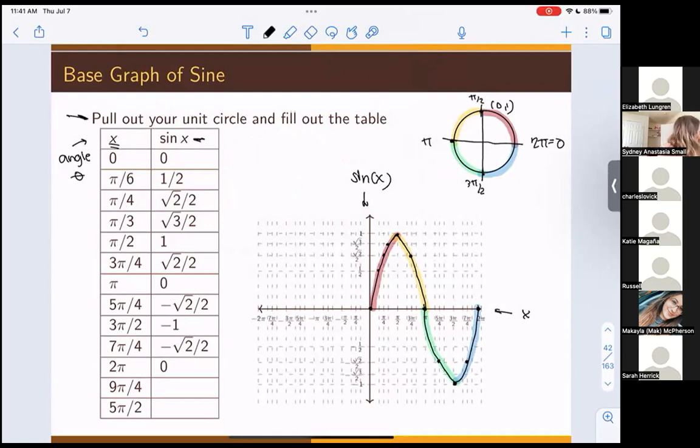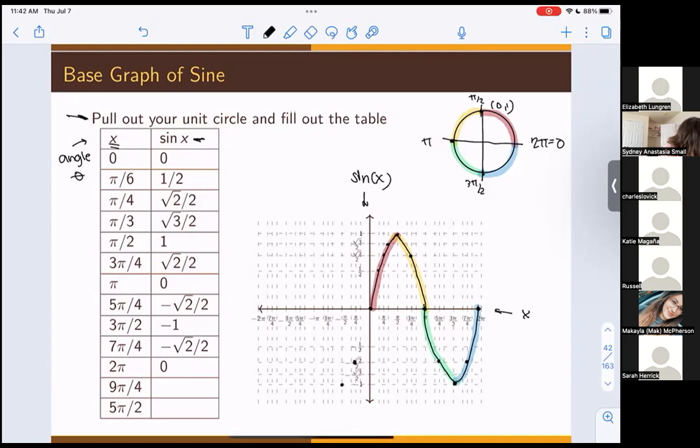So in that way, the values of sine actually continue in this exact same manner when we start to think about negative angles. The sine of negative pi fourths happens to be negative root 2 over 2. The sine of negative pi halves is negative 1.